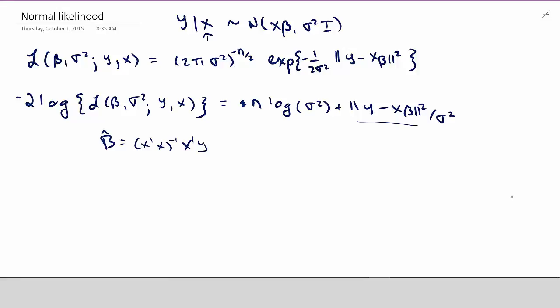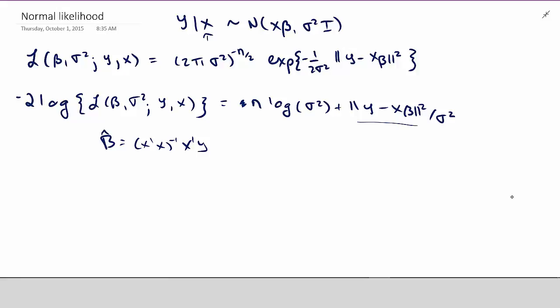Another way to think about that is if I were to fix sigma squared and find the optimum for beta hat, then this equation is clearly minimized at the least squares estimate. And since the least squares estimate doesn't depend on sigma, it must be the optimal estimate overall. Now I'm going to ask you for homework to then optimize this with respect to sigma squared.